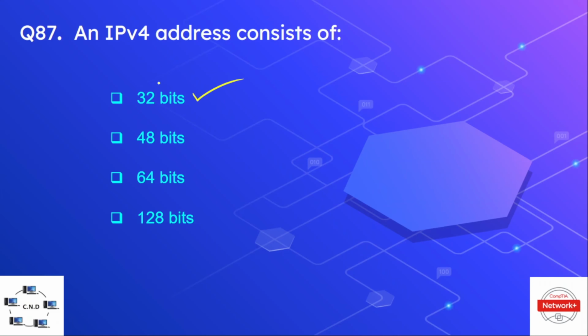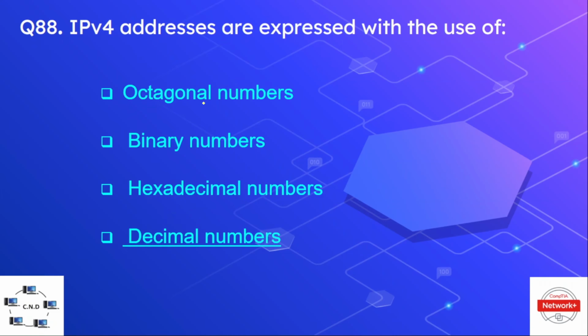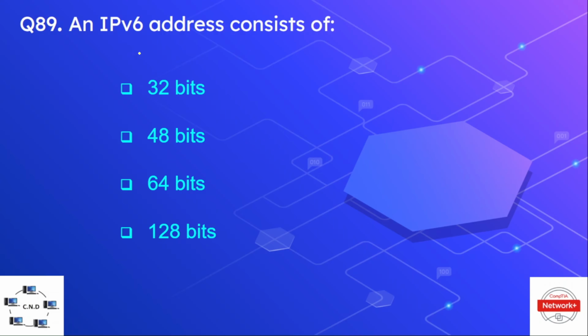So an IPv4 address consists of 32 bits, while an IPv6 address consists of 1 to 8 bits. So question number 89 is: an IPv6 address consists of, as we studied in the previous question, the correct answer is 1 to 8 bits.